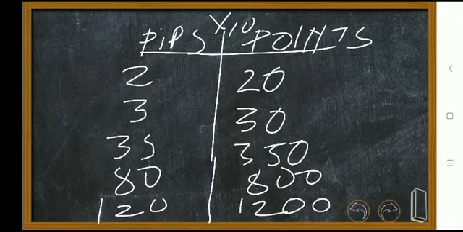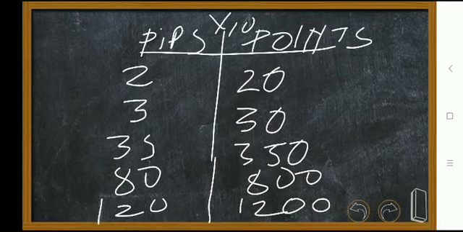The person who's saying 3 pips is the same as the one who's saying 30 points. The one who's saying 35 pips is the same as the one who's saying 350 points. The one who's saying 80 is the same as the one who's saying 800 points, 80 pips. Remember, 80 pips, 800 points. You can't say 80 pips is equivalent to 80 points.